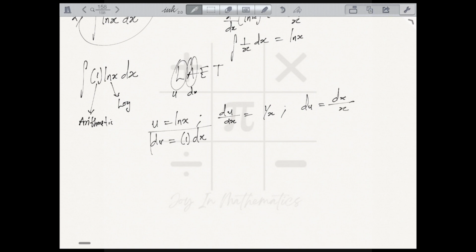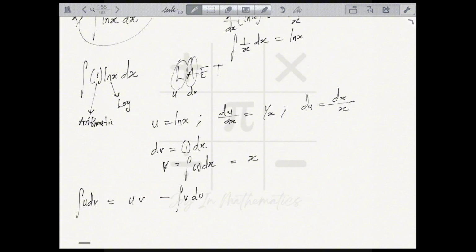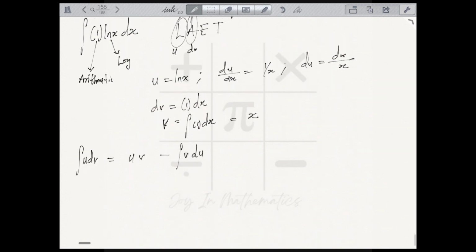And if dv is equal to 1 dx, then our v is the integral of 1 dx, and integrating a constant, this will give us x. So let us apply our integration by parts formula that says the integral of u dv is equal to uv minus the integral of v du. We know that our u is ln x and our dv is 1 dx.